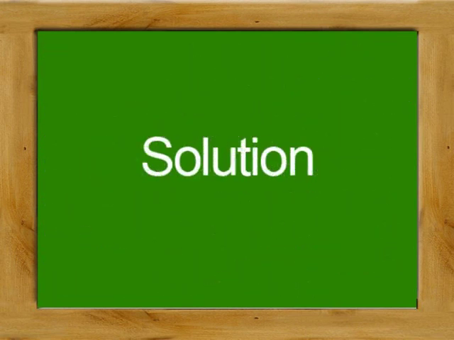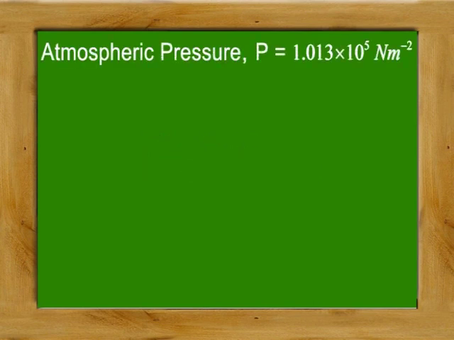Let's find the solution. Given the standard atmospheric pressure P is equal to 1.013 into 10 raised to the power 5 Newton per meter square.